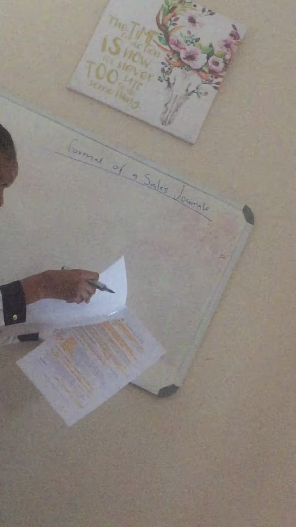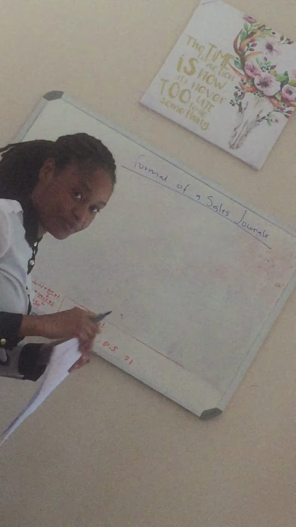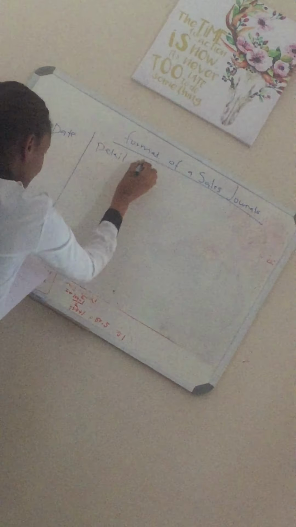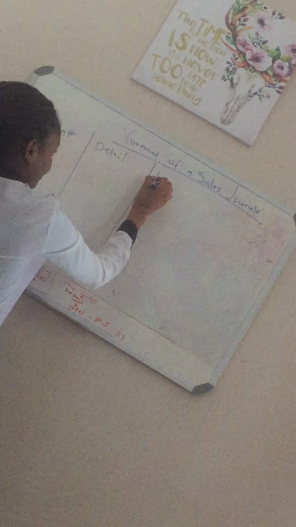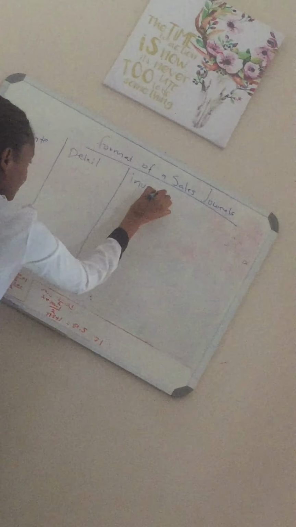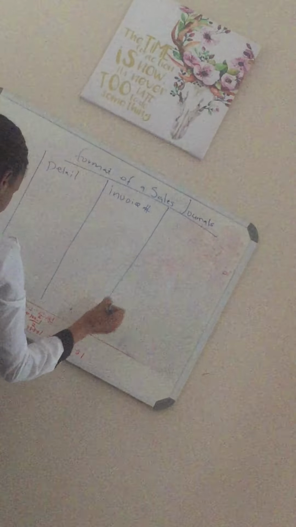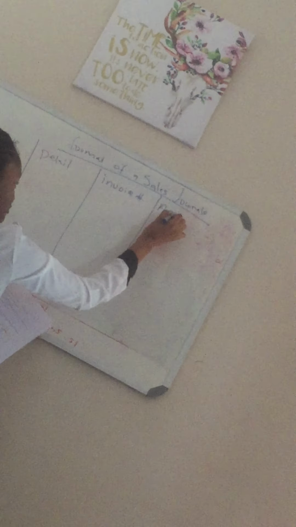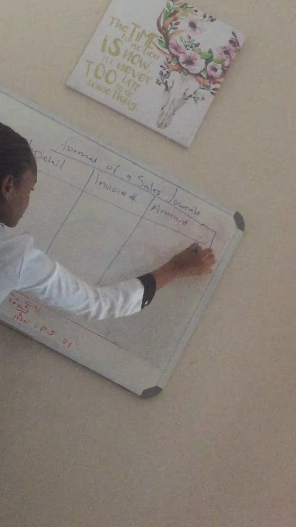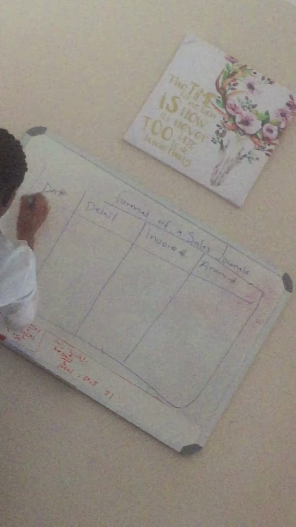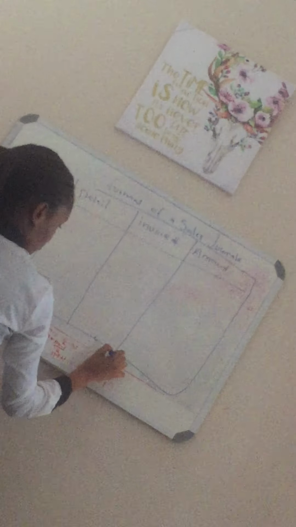So, the format, I have said that the formats are just the same. We should have a date, the details, what happened, invoice number, and the amount. And then the total.